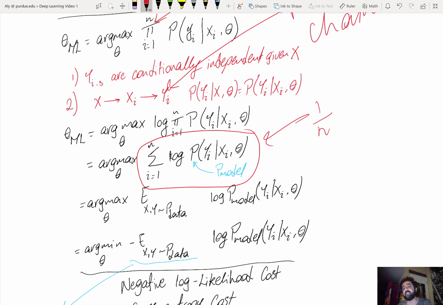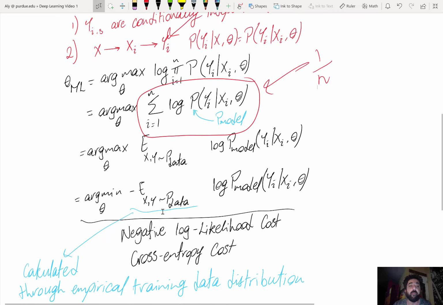The nice thing is that when I sum these elements and then divide by n, where n is the number of them, I am taking an empirical average. So it's as if I am taking the argmax over theta of the expected value over the empirical distribution of the training data of x and y, right?